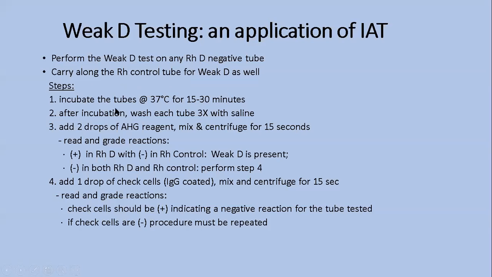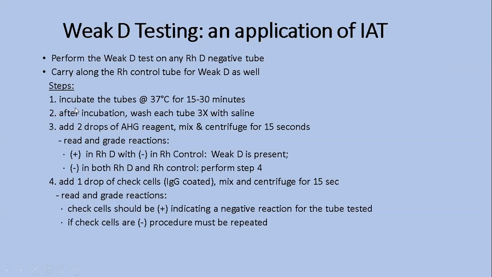After that step, we are going to take these two tubes and wash them 3 times with our physiologic saline. Why? Because we're getting ready to add AHG, and we always have to wash 3 to 5 times before we add AHG to prevent neutralization and to get rid of any unbound proteins, antibodies or complement that are present in our tube.